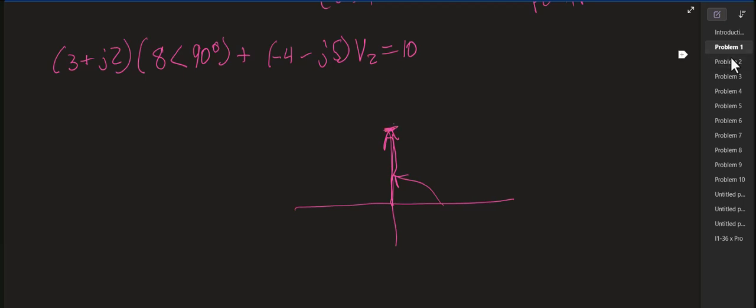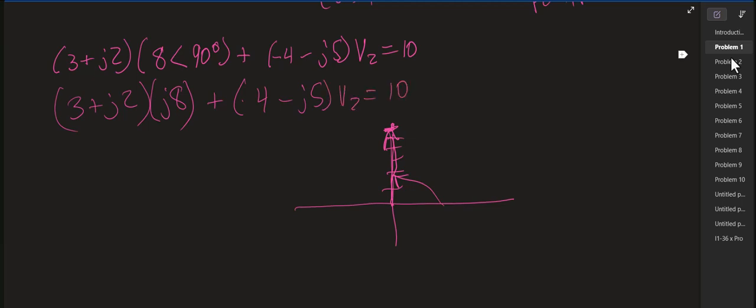Angle 90 tells me that it is just j8. It doesn't have a real part. You would also get that answer going from polar to rectangular, which I haven't shown you how to do yet. But I would take 3 plus j2, and I'm going to change this to j8, plus negative 4 minus j5 V2 equals 10.